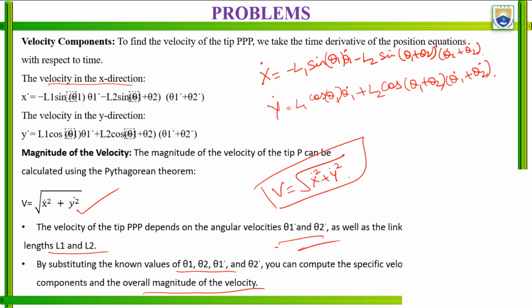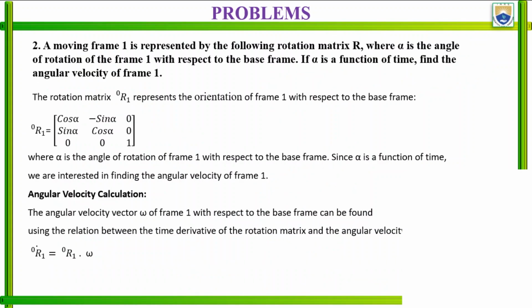The velocity will be written as the square root of x dot squared plus y dot squared, where we use θ1, θ2, θ1 dot and θ2 dot to get the overall magnitude of the velocity. So this is how we calculate the velocities when two links are given.